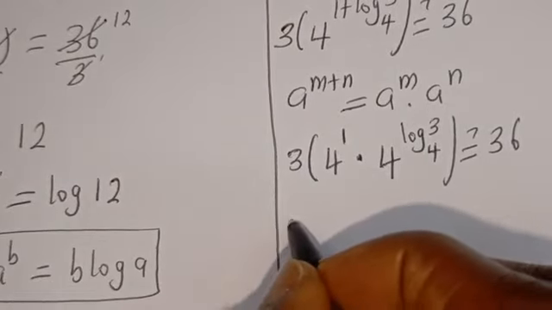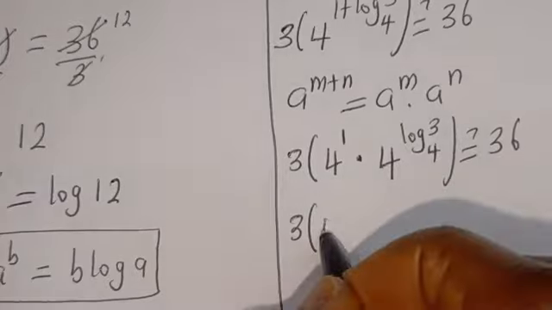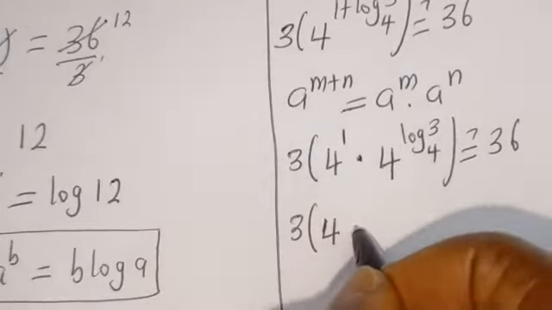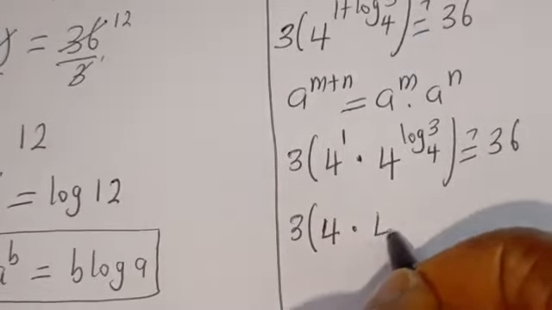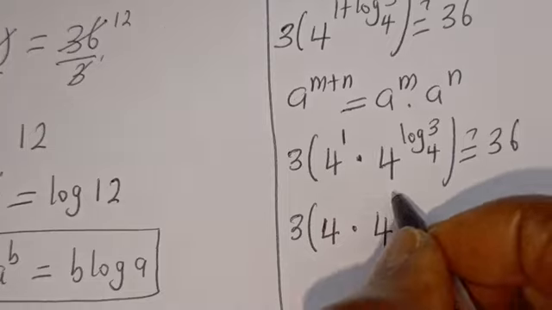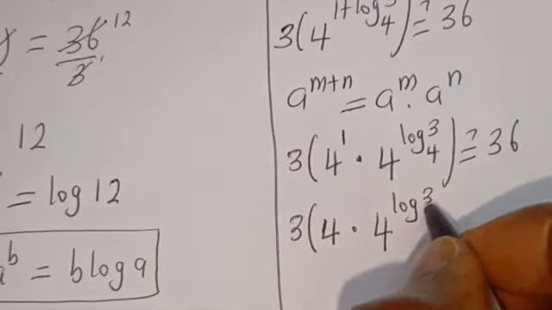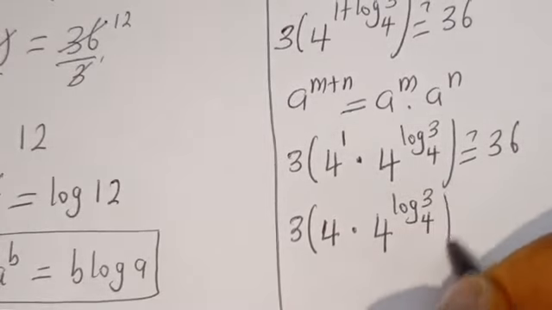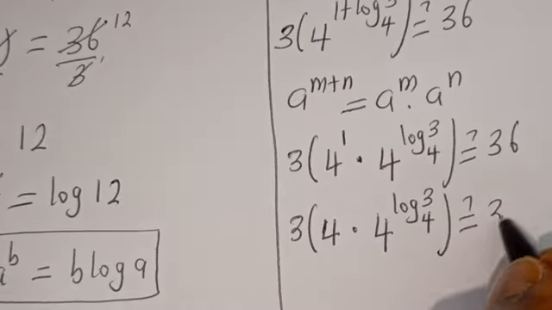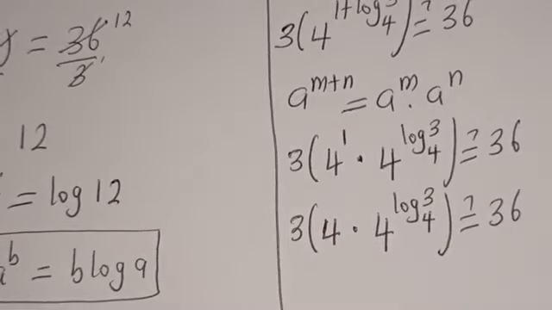Then here we have 3 bracket 4 to the power of 1. This is 4 multiplied by 4 to the power of log 3 base 4 must be equal to 36.